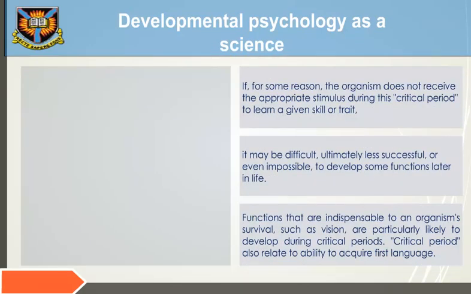If, for some reason, the organism does not receive the appropriate stimulus during this critical period to learn a given skill or trait, it may be difficult, ultimately less successful, or even impossible to develop some functions later in life. Functions that are indispensable to an organism's survival, such as vision, are particularly likely to develop during critical periods. Critical period also relates to the ability to acquire a first language.